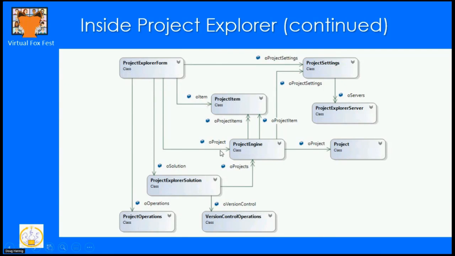And it also has an O project member that is a reference to the project that the currently selected item belongs to. And it also has a member called O project settings. Those are the settings for the currently selected project. So just shortcuts. Instead of having to navigate this path, it can talk directly to the project settings, the currently selected item, or the currently selected project, again, just as a kind of shortcut.